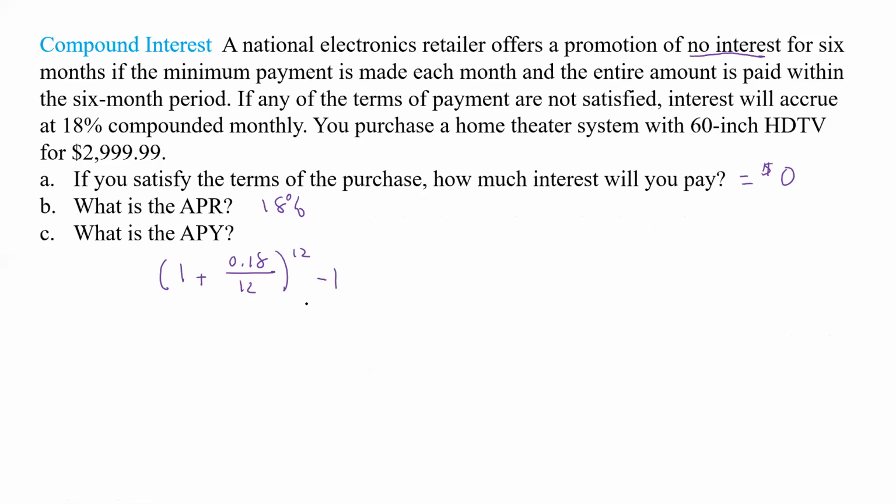So this is going to give us 19.6%. Okay, so it's a higher number because it's considering the compounding interest along the way. And so it gives us that higher number. Okay, so 18% is the APR. No interest will be paid if we meet all the requirements, and the APY we calculated to be 19.6%.